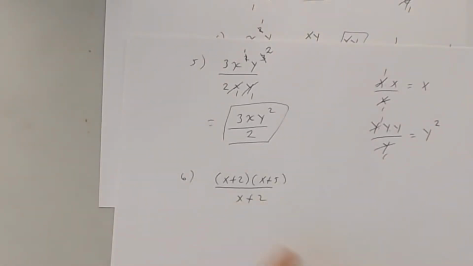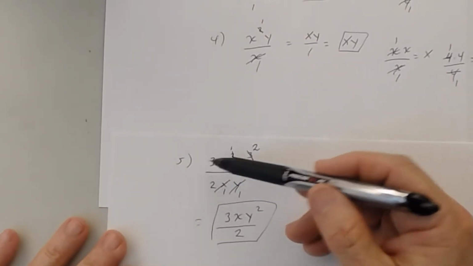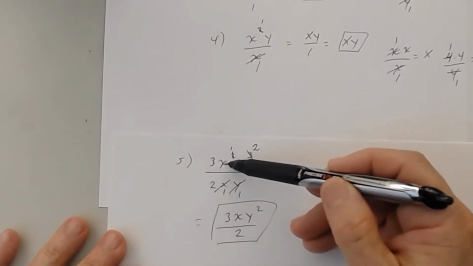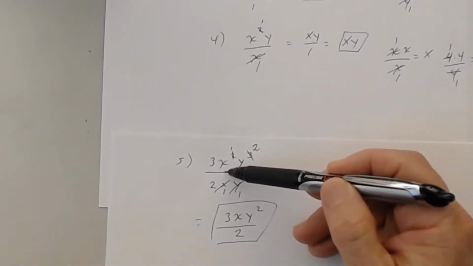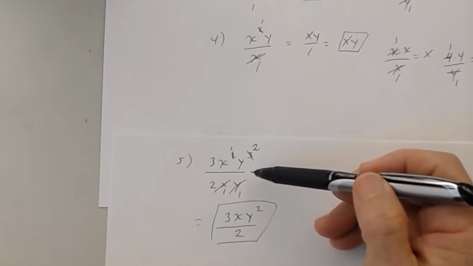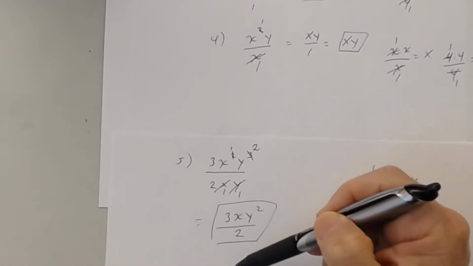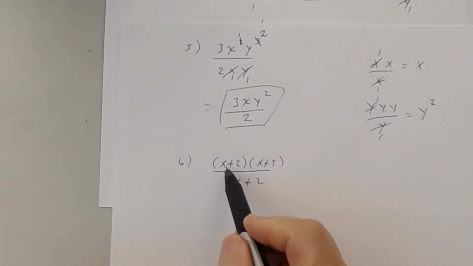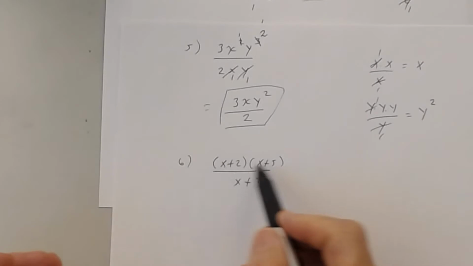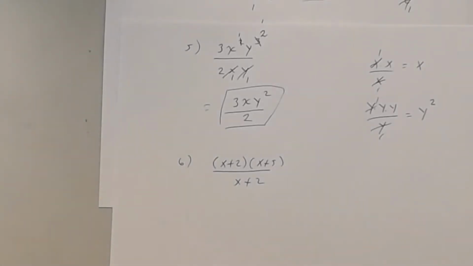Okay, it's already written as factors, right? Except when you look at number 5 rather, these factors were monomials. 3 is a monomial, x is a monomial, y is a monomial. Here, this is a binomial. So when I look at these in terms of factors, how many factors do you see up here? 2.